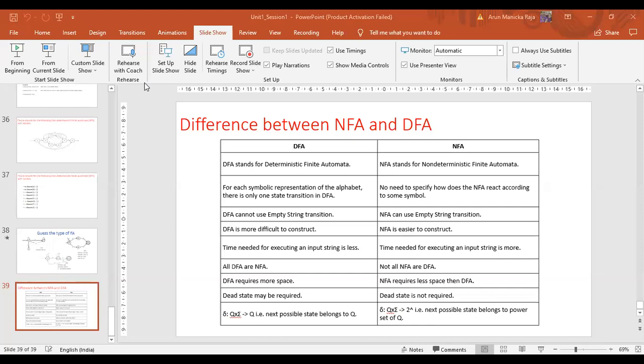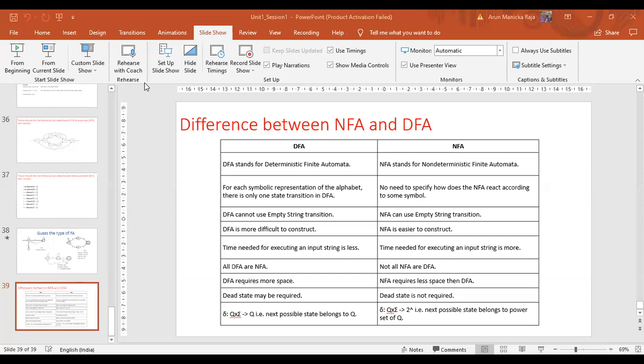That conversion is what we are going to discuss now: how we convert a particular NFA into a DFA. What is the procedure? Now they may give an NFA problem and ask you to convert the NFA into DFA. We will see how we can convert.